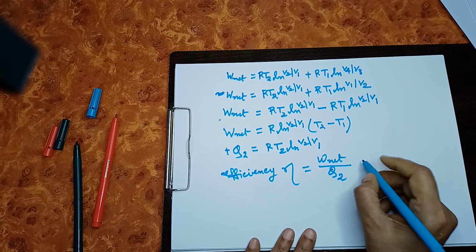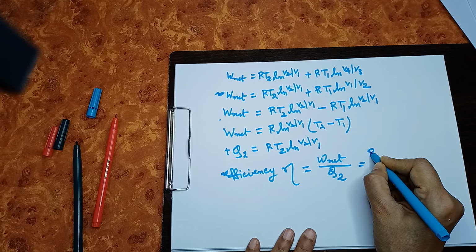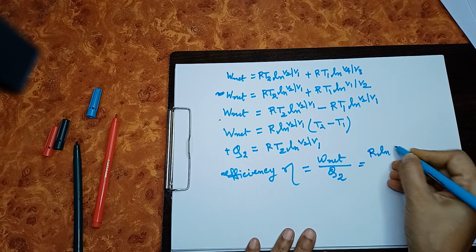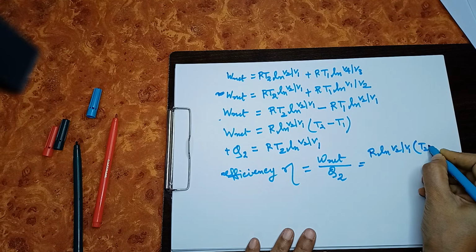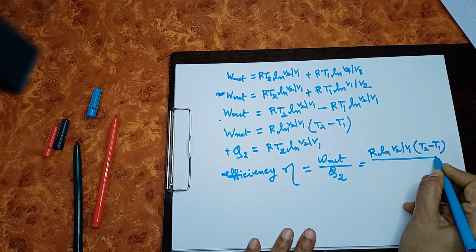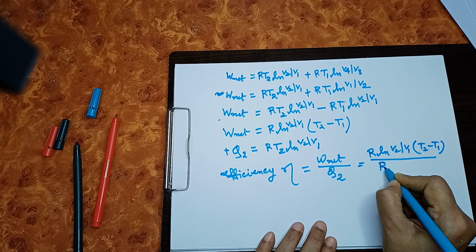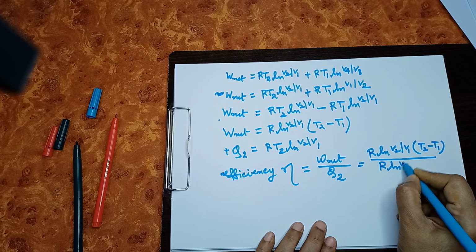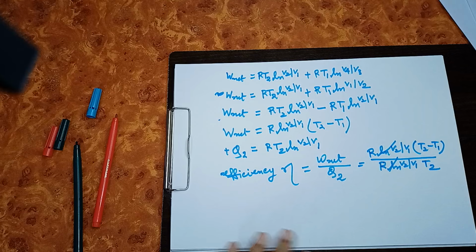So this W net is R ln V2 by V1 into T2 minus T1, divided by, what is Q2? R ln V2 by V1 and then T2. So this part gets cancelled.